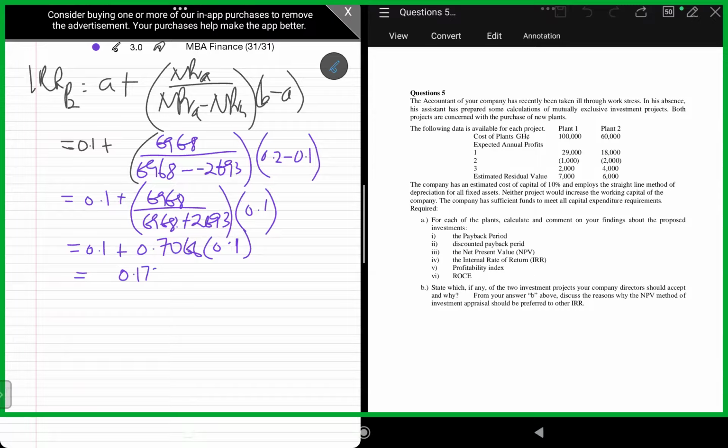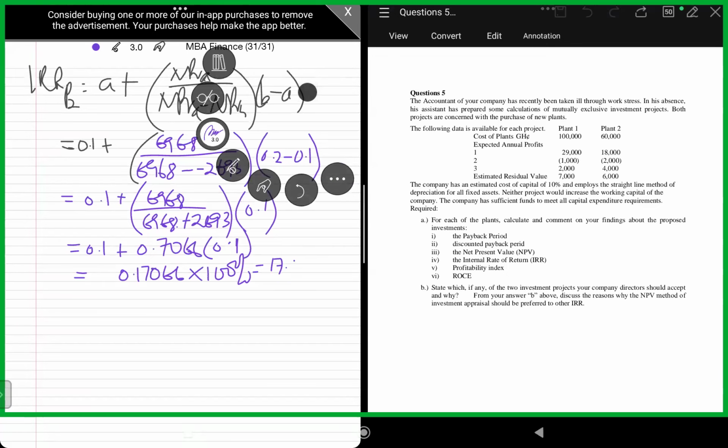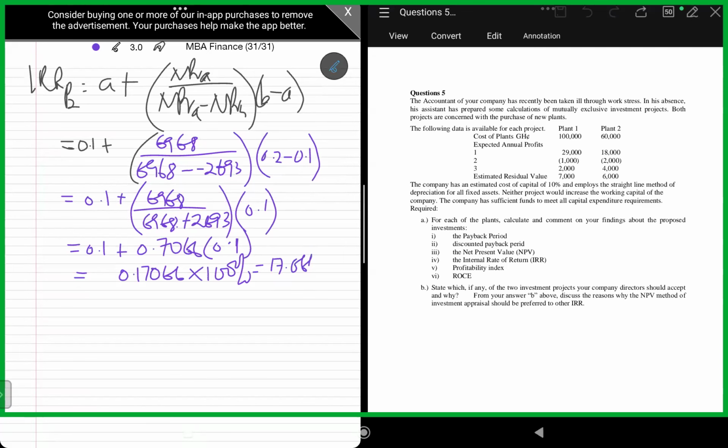Then you multiply this by 100%, which will give us 17.066%. And you make it approximate, so 17.1%.